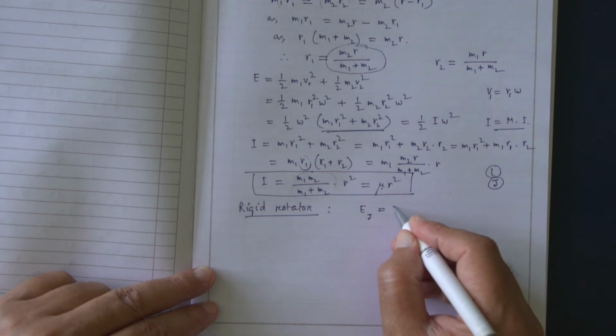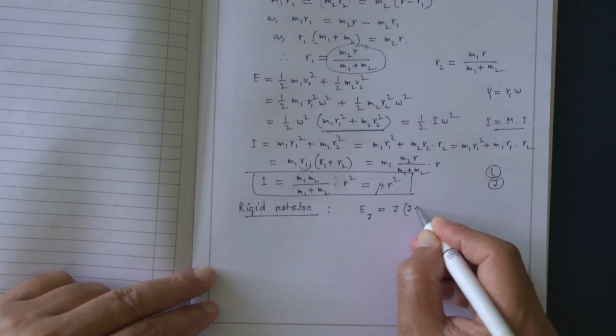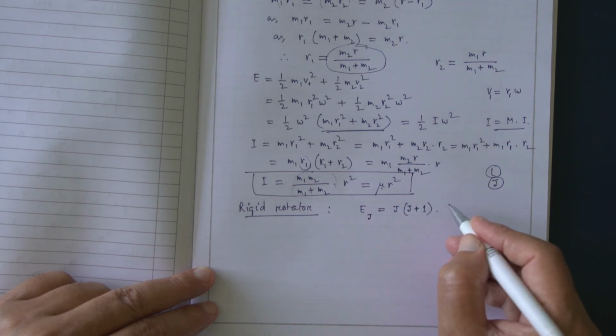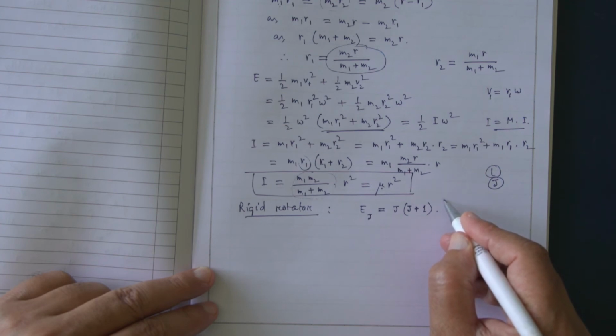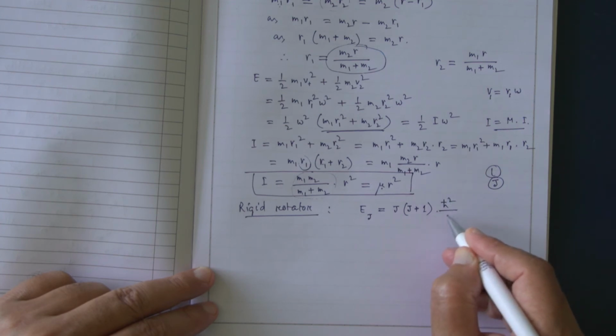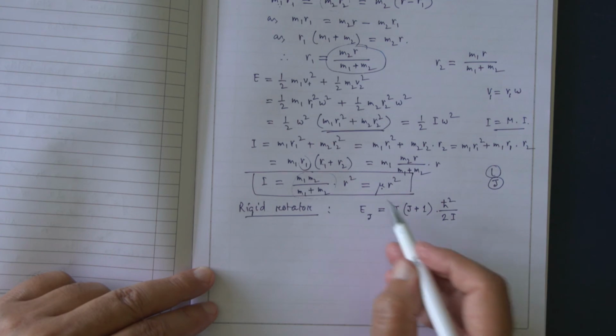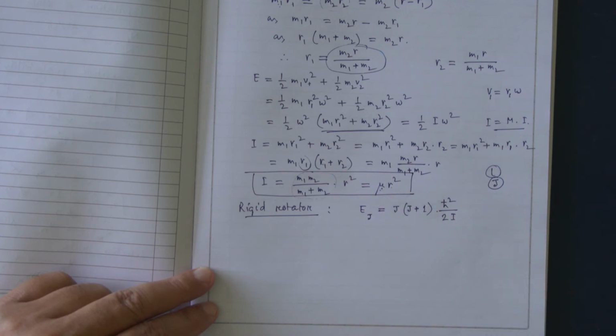Energy equals J into J plus 1, times h bar square by 2I, where I equals mu R square.